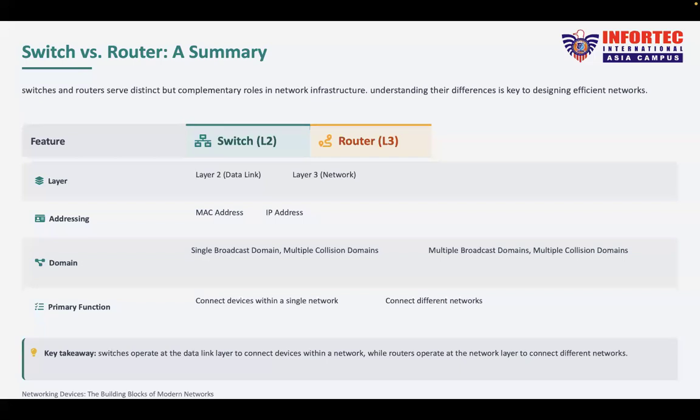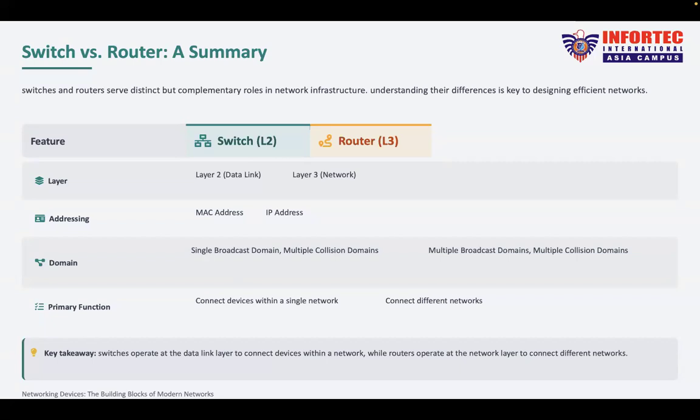It belongs to the network layer. When we do switching, we mainly focus on the MAC address of the device. And when we do routing, we mainly focus on the IP address. In a switch, we have a single broadcast domain but multiple collision domains.